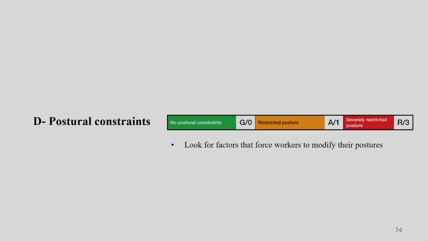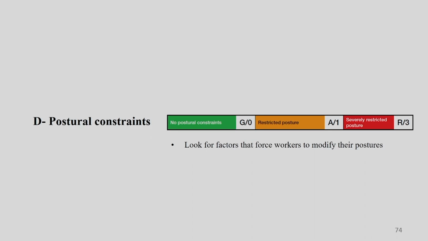So what is there? Look for factors that force workers to modify their posture. So look at those issues. If so many factors are there which are actually directing the person to hold that particular posture, definitely in that case it is severely restricted.